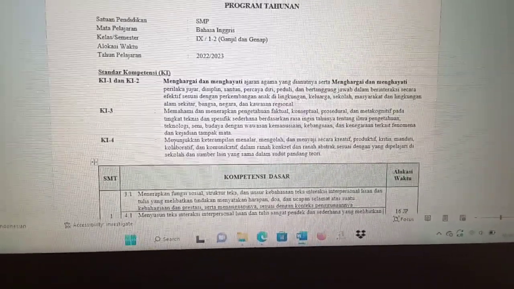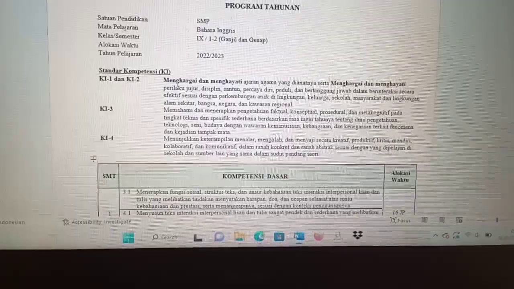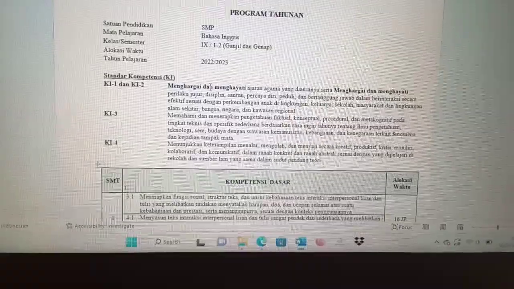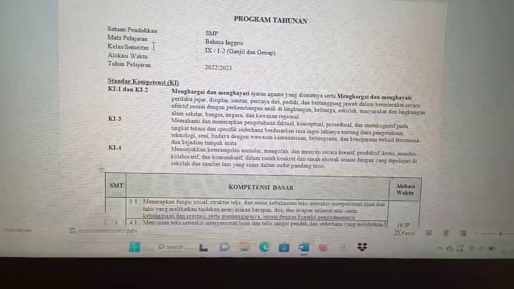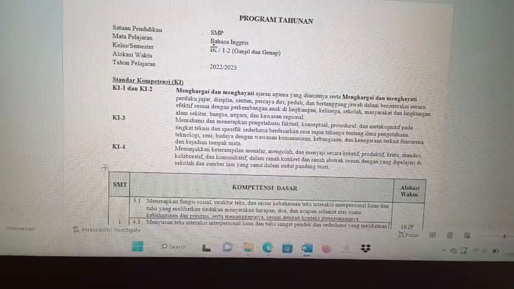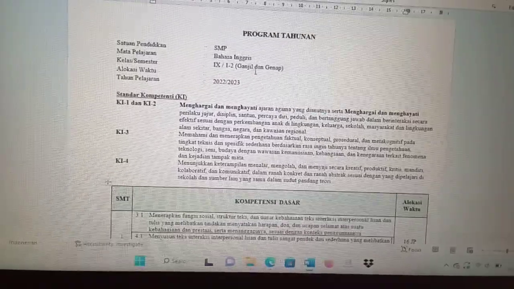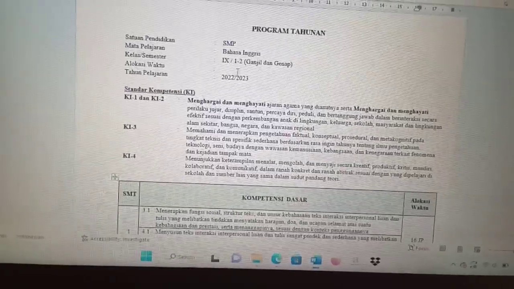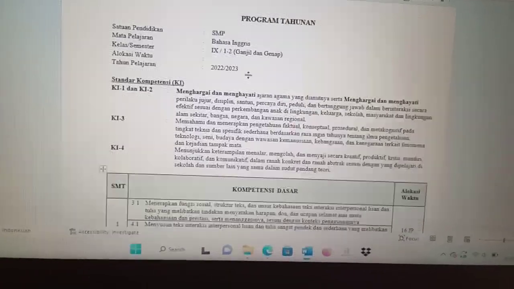It is all written in our language. So this is how we make the annual program. It's for the junior high school with the English subject, for the 9th class for 2 semesters, first semester and second semester, and the scholastic year is 2022 to 2023.